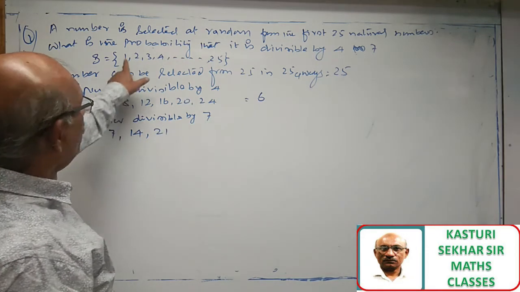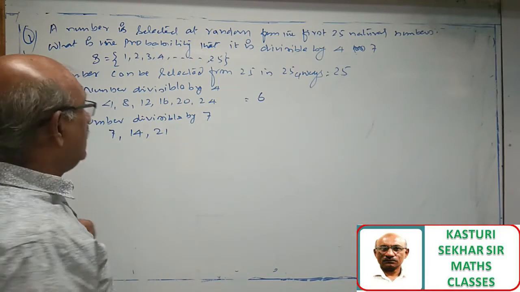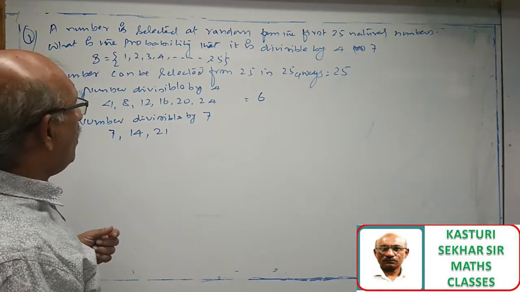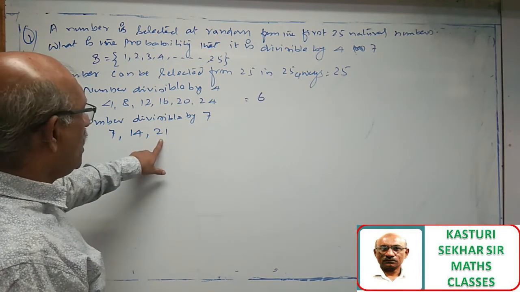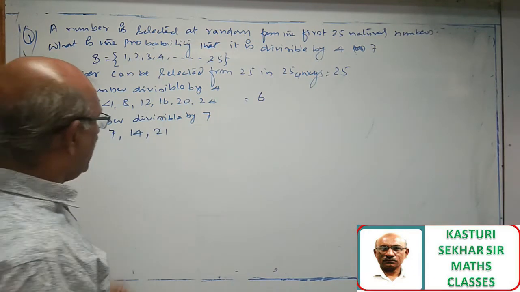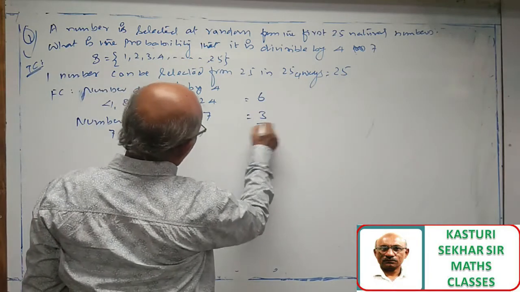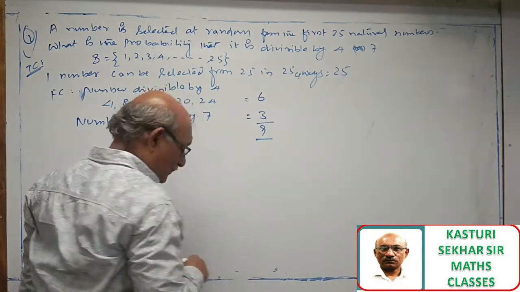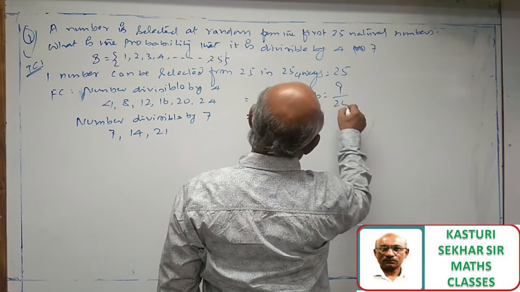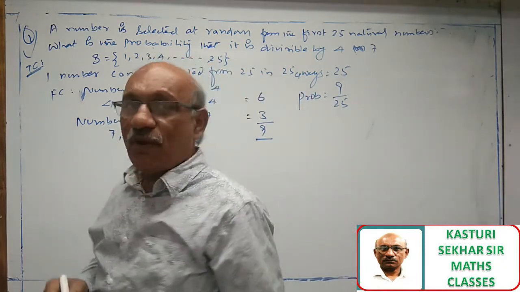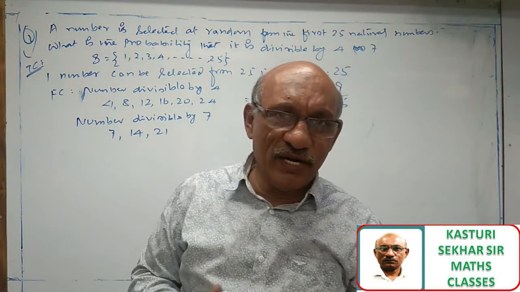From 1 to 25, if I select a number divisible by 7, it may be 7 or 14 or 21. Now no number is double counted here. So 6 plus 3, 9 cases are there. So probability is equal to 9 divided by 25.